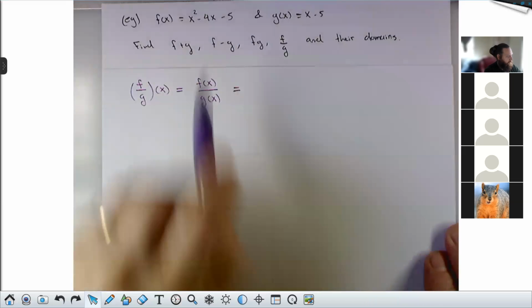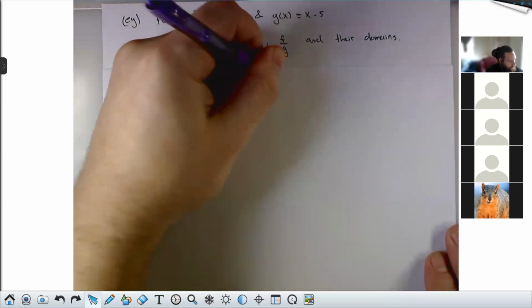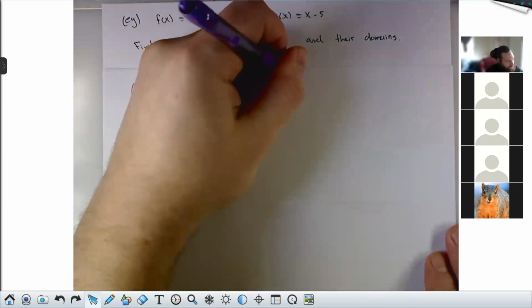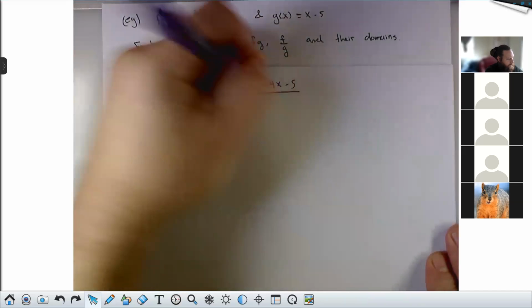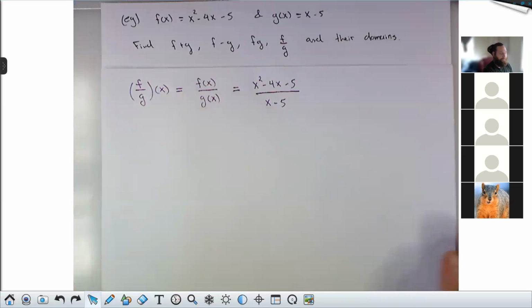I know what f is. f of x is x squared minus 4x minus 5. So that's what goes upstairs. And I know what g is. g of x is just x minus 5. And if I handed you this and said, find the domain, I'm sure everybody could do it. We just finished talking about rational functions. At the beginning of the semester, we did stuff like this too.